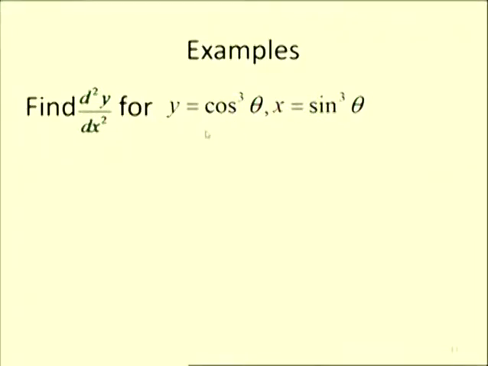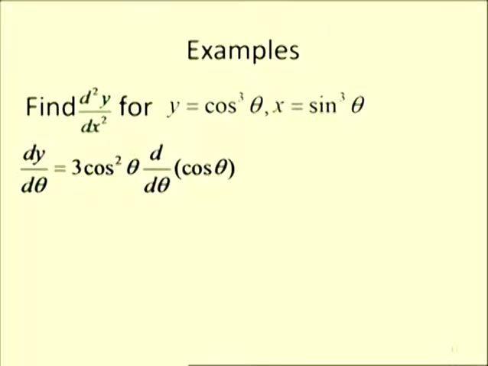So for that, dy by d theta is equal to the derivative of cos cube theta, which is 3 cos square theta into the derivative of cos theta. The derivative of x cube is 3x square, but in place of x we have cos theta, so it is 3 cos square theta into, in place of x we have cos theta, so we multiply by its derivative, that is the derivative of cos theta with respect to theta.